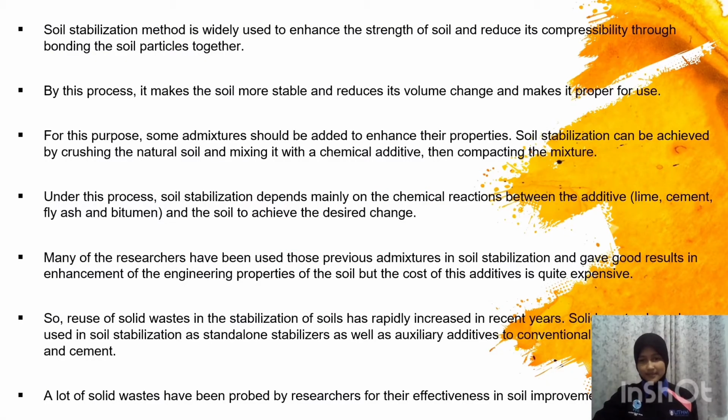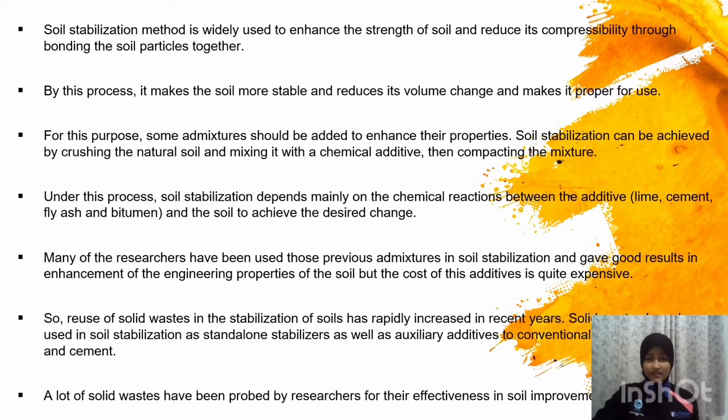Soil stabilization method is widely used to enhance the strength of soil and reduce the compressibility through bonding the soil particles together. By this process, it makes the soil more stable, reduces its volume change, and makes it proper for use. For this purpose, some admixture should be added to enhance their properties.